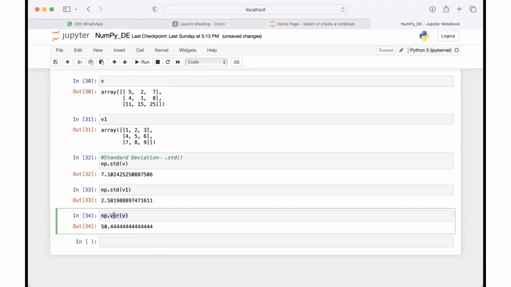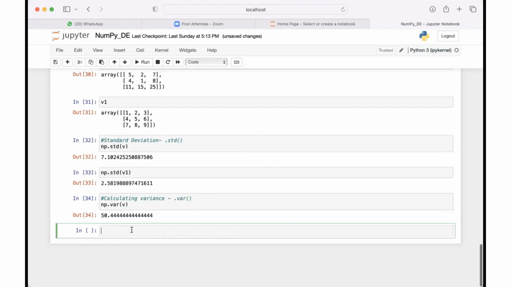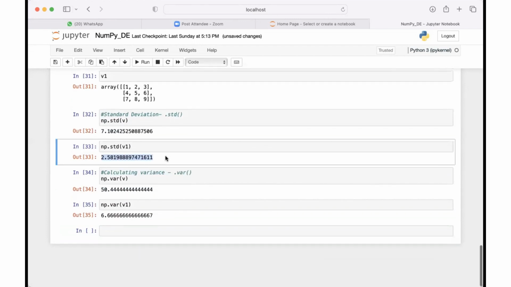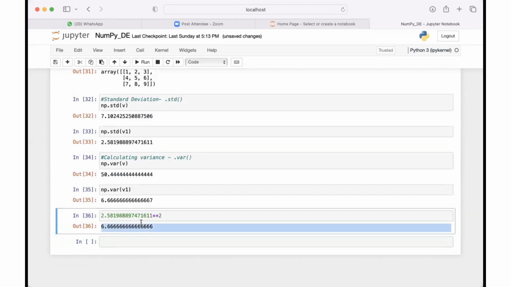Alright, we can also calculate variance. Using var, we can similarly calculate variance for V1. Now, if we take this up and calculate its square, it will give us the same answer, 6.6.